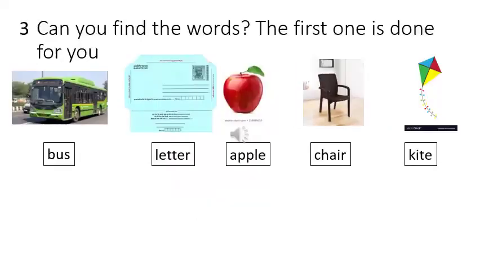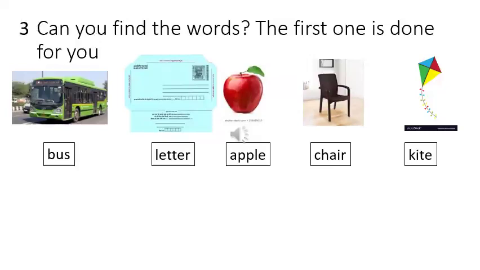Let us solve the third puzzle. Now again, 5 pictures are given in this exercise. You have to be very careful while recognizing the picture, while identifying the picture. The first picture is, yes, bus. B-U-S. You have to write the word underneath the picture.